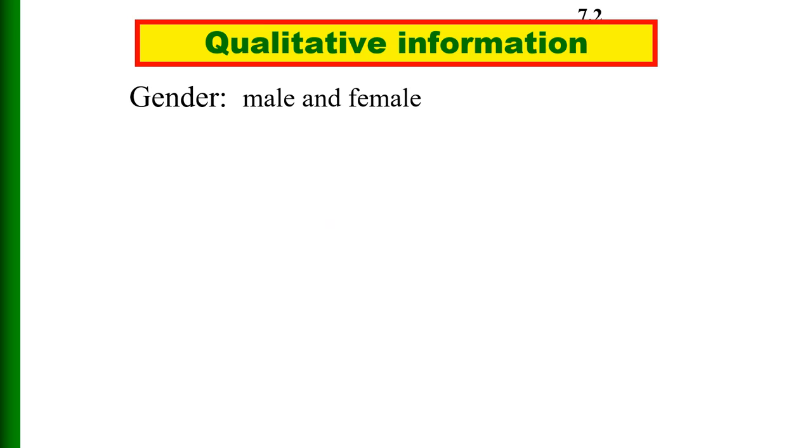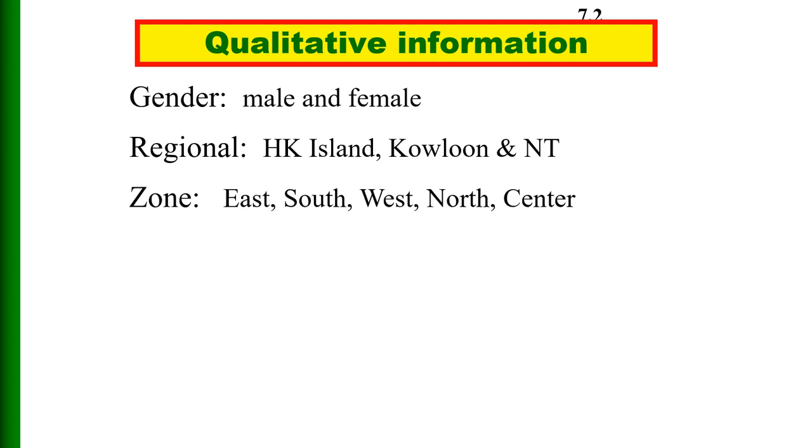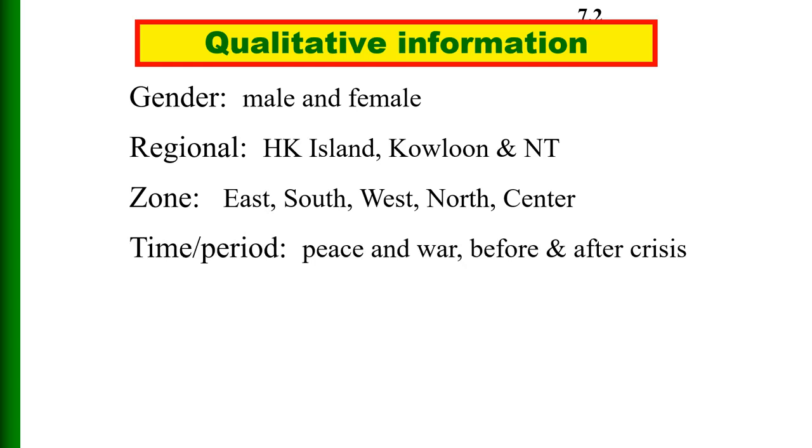Let me start with qualitative information. By dummy variable, we mean that sometimes the variable cannot be quantitative, but is qualitative, like gender, male and female; size, small, medium and large; zone, like east, south, west, north, center; and time period, maybe peace time or war time, before the crisis and after the crisis.